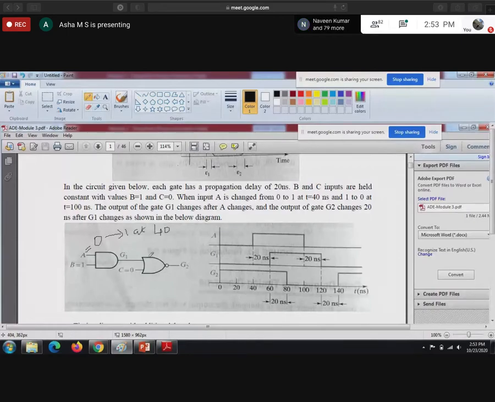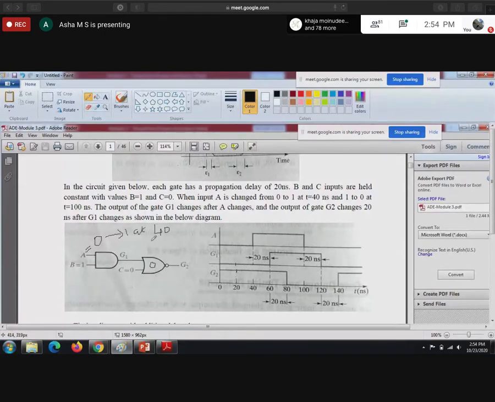So G1 is 0 for the first 20 nanoseconds. G1 is 0, C is 0. Sorry, this is not an OR gate, this is a NOR gate. Both inputs 0 would give 0 for an OR gate, but here we have a NOR gate, so the inverse of 0 is 1, and the output of G2 will be high for the first 20 nanoseconds.